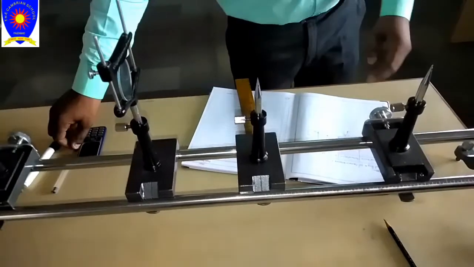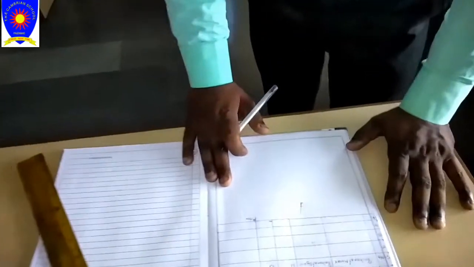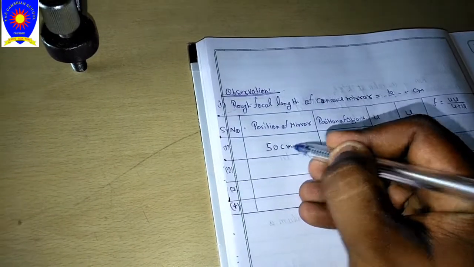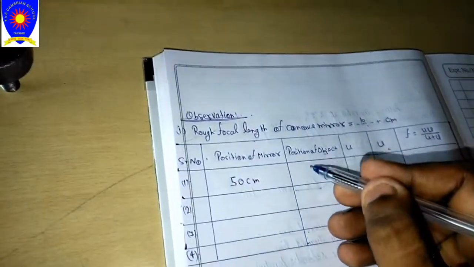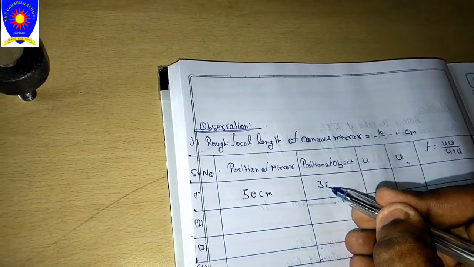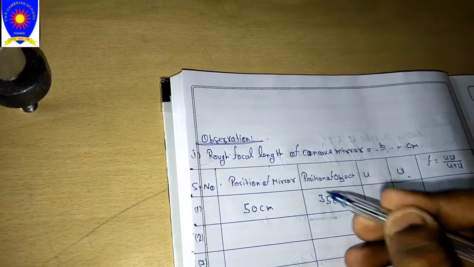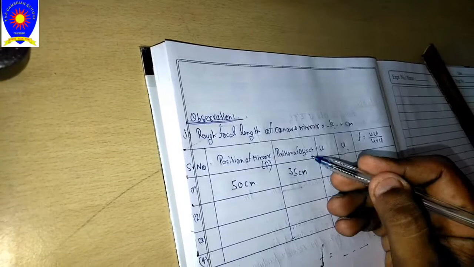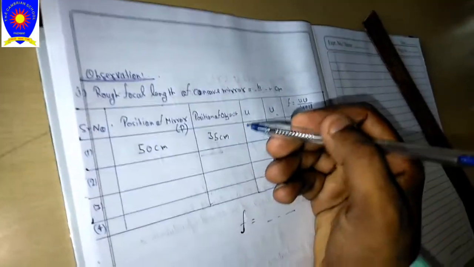Now fill in the reading. According to the reading, the position of the mirror is at 50 centimeter, as I told, and the object is at 35 centimeter. Suppose this is point P and this is the object.